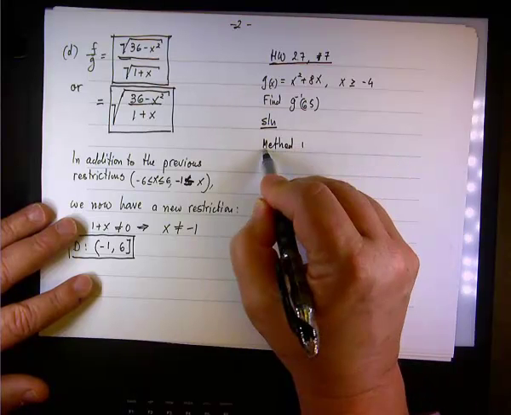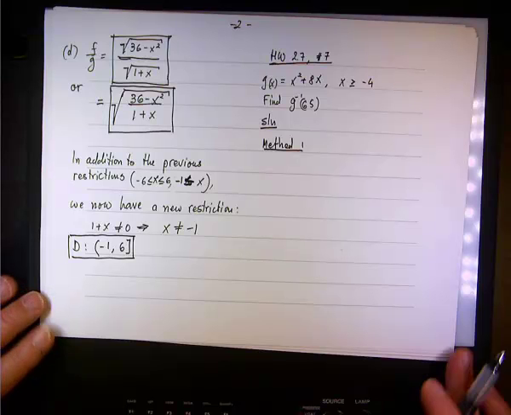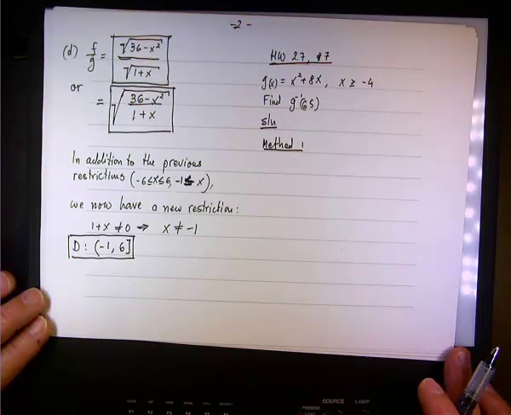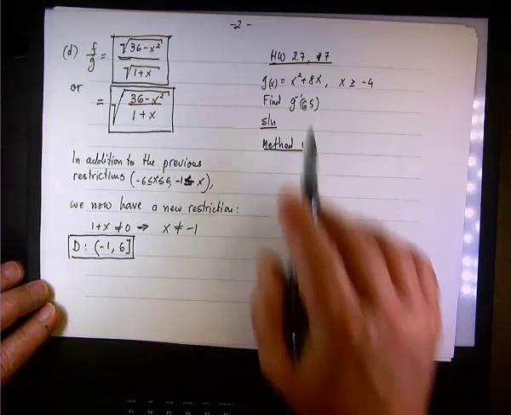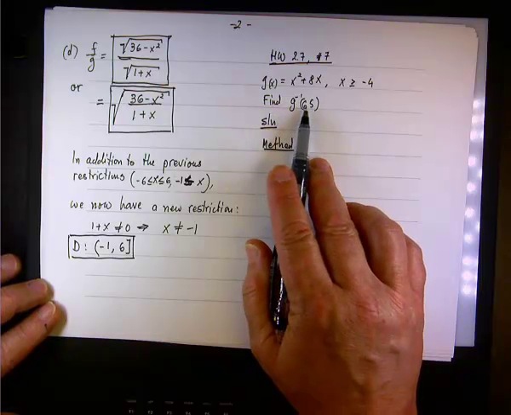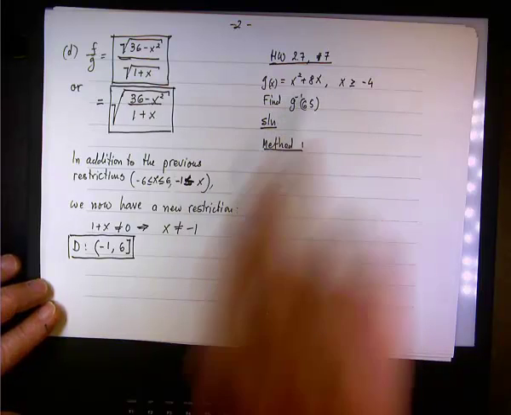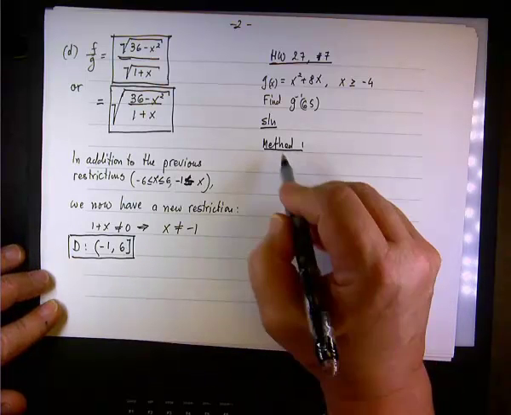Since I know the domain and range property, I know that the domain of the inverse is the range of the function, and the range of the inverse is the domain of the function. So the input of the inverse is really the output of the function.